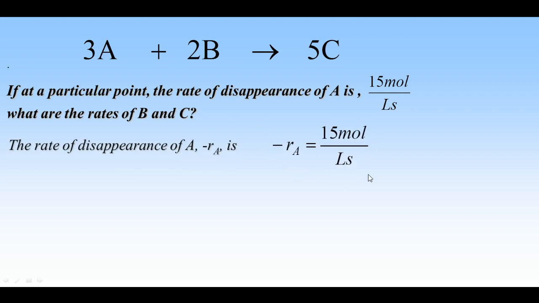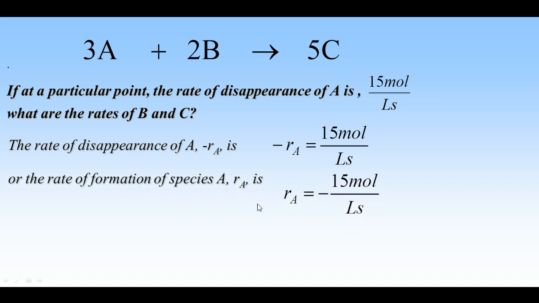If we wanted to express the disappearance of A in terms of rate of formation, so as if A was a product, then signs have to change. Then the rate of formation of species A is R_A, positive, which indicates formation, and the actual value, which will then be negative.